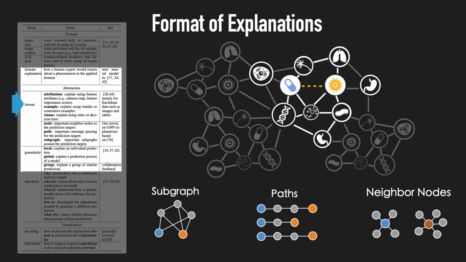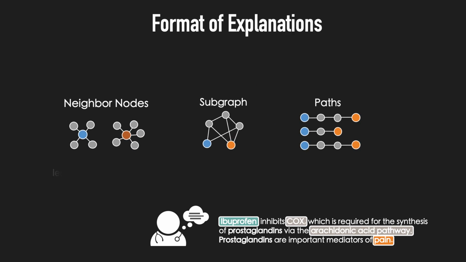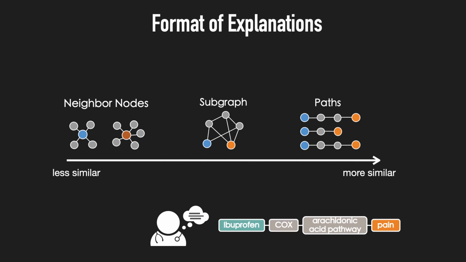Then, in the explanation abstraction layer, we investigate the format of AI explanations. Through a survey of current GNN explanations, we identify three common visual presentations: subgraph-based, path-based, and node-based. By comparing them to how human experts reason about drug indications, we identified that path-based explanations are more similar to the domain explanation.